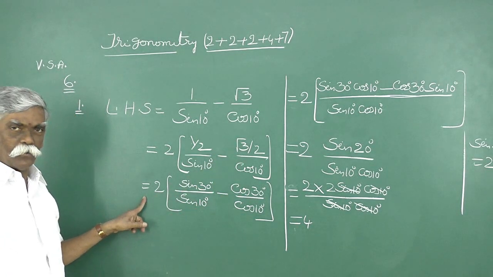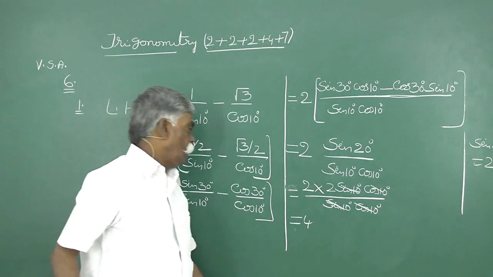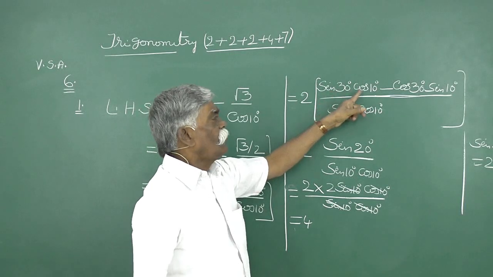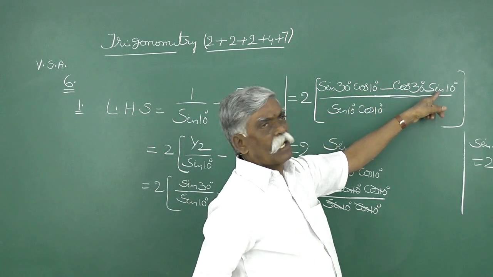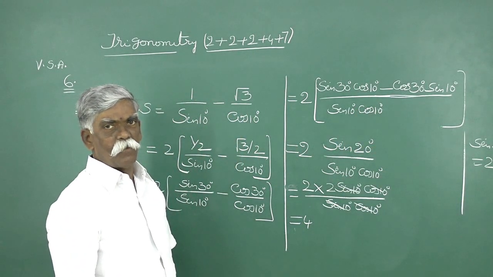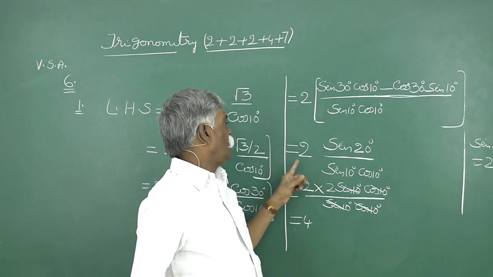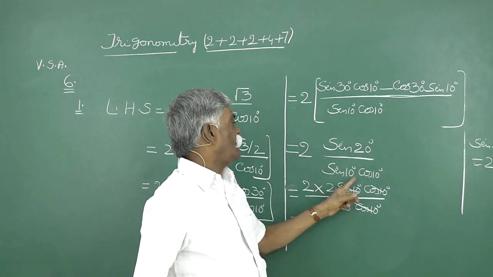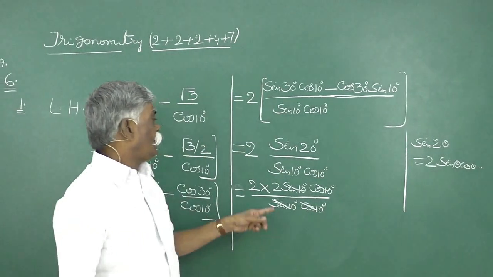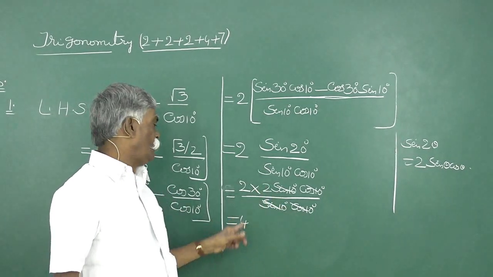Therefore this is equal to 2 into sin 30 by sin 10 minus cos 30 by cos 10. After taking LCM, sin 10 cos 10, in the numerator we get sin 30 cos 10 minus cos 30 sin 10. Sin A cos B minus cos A sin B is equal to sin A minus B. A is 30 and B is 10, A minus B means 20. Therefore, it is equal to 2 into sin 20 by sin 10 into cos 10. But sin 2 theta equals 2 sin theta cos theta. According to that, this is 2 sin 10 cos 10. Sin 10 cos 10 gets cancelled. 2 into 2 becomes 4.